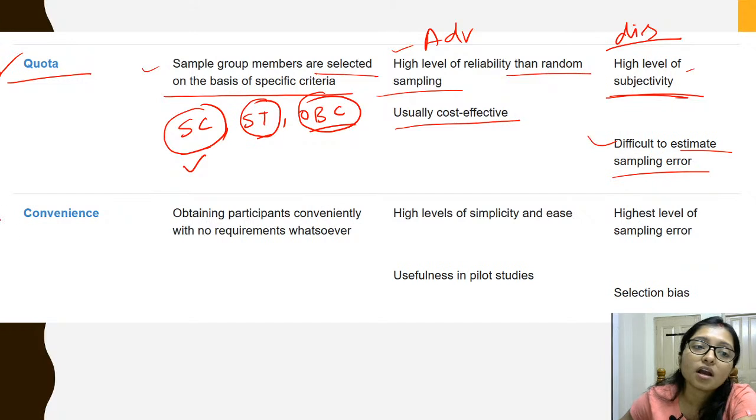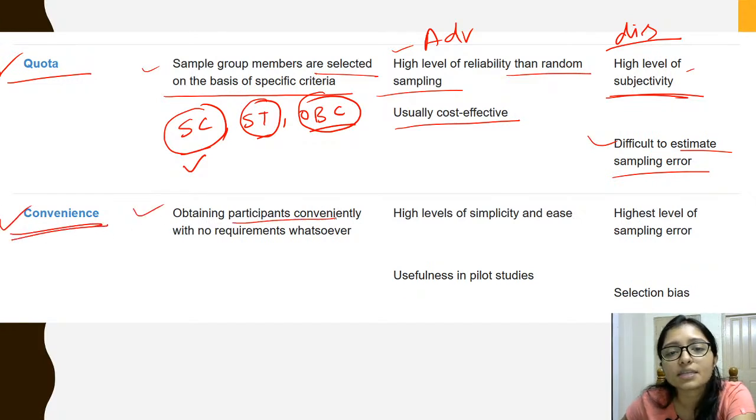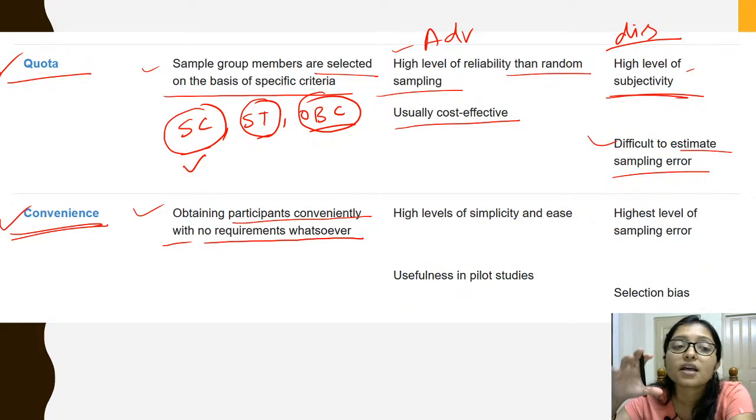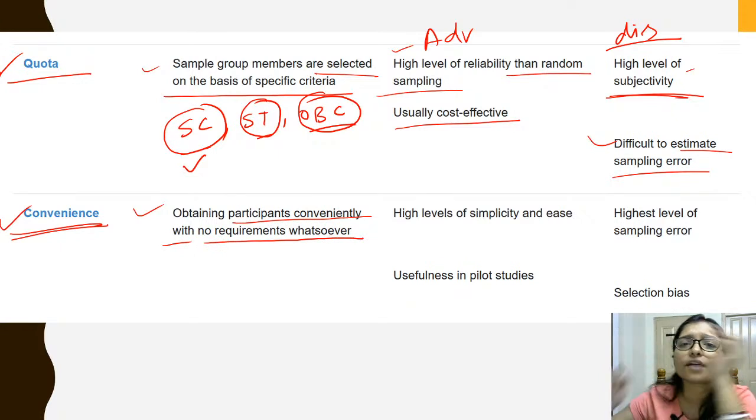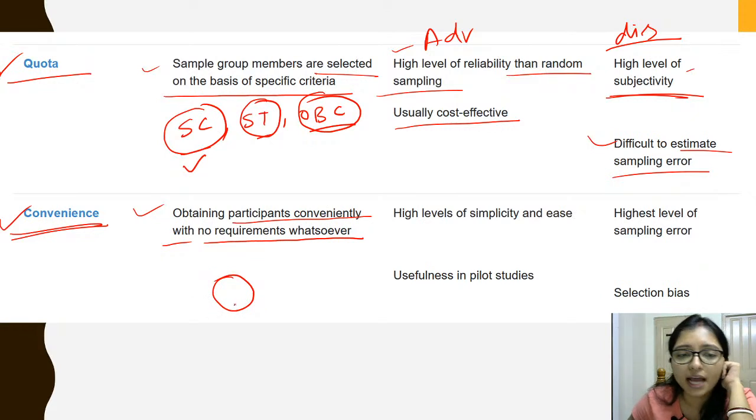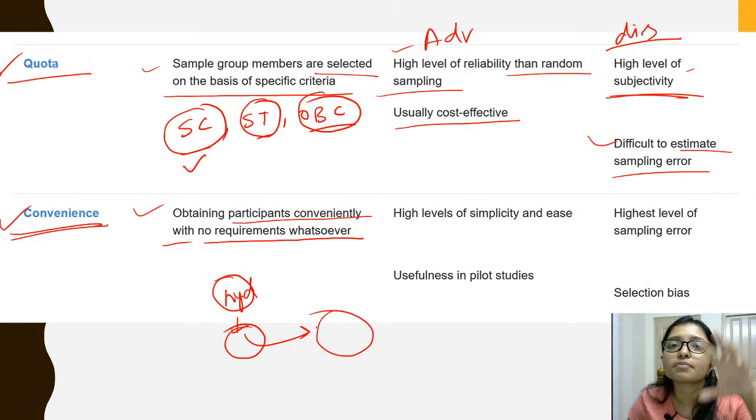Okay. Now convenience. What is convenience? That is obtaining participants conveniently with no requirement whatsoever, means convenience means as per your convenience. Maybe now you are here and I am in Hyderabad. So in Hyderabad, according to my convenience, this is my region. So in that region I am trying to choose all the sample, that is my convenience.